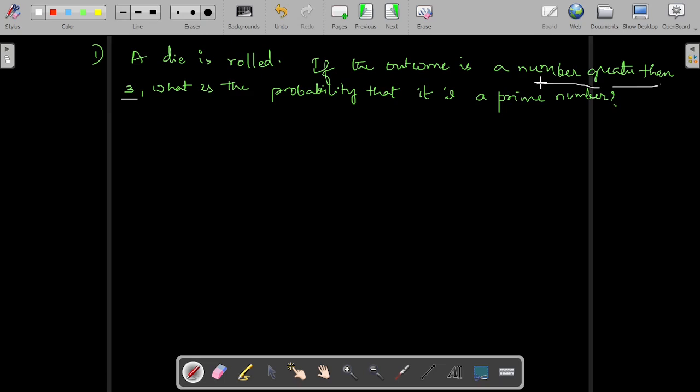Outcome is a number greater than 3. A die is rolled and this has happened, meaning some condition is given to you. So the event which has occurred, you take it as B: number greater than 3. Event A, the event whose probability you want to find, is that it is a prime number.